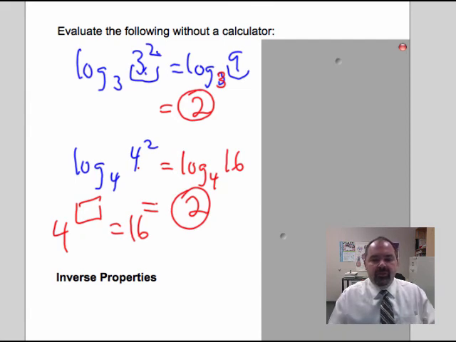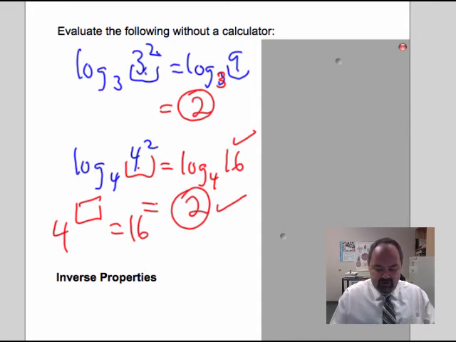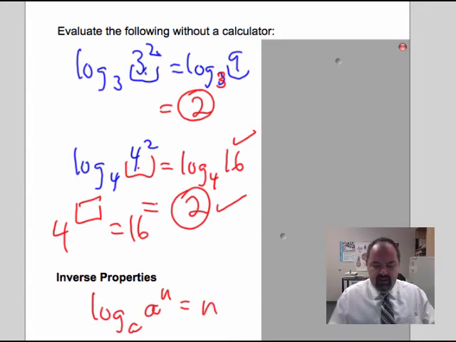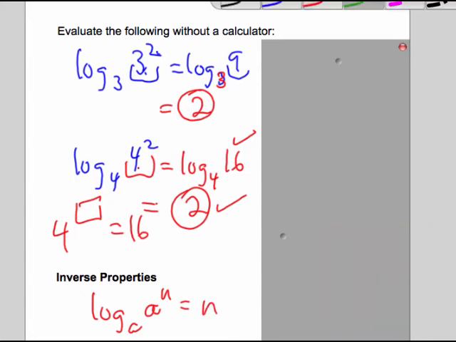You're doing the reverse operation in each step. So you're saying 4 to the second is 16, and then you're saying 4 to what power is 16, and you get 2. And the point here is that if you have a log base A, and then you take the log base A of that same base A to the n, you are going to get n back again. Notice that these match. That means that the answer is going to be the 2.